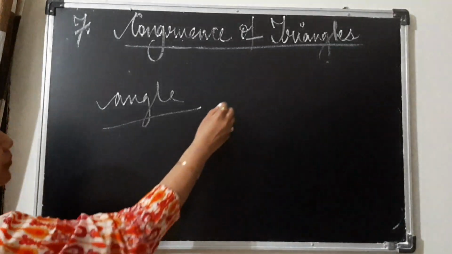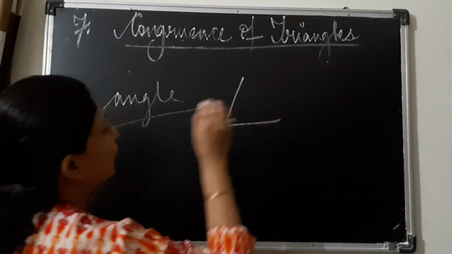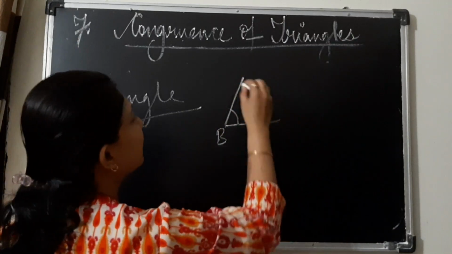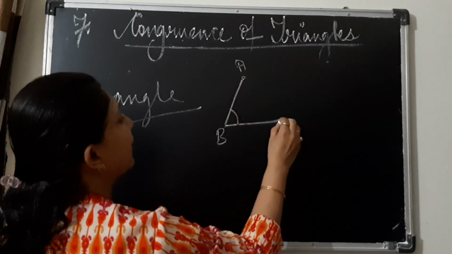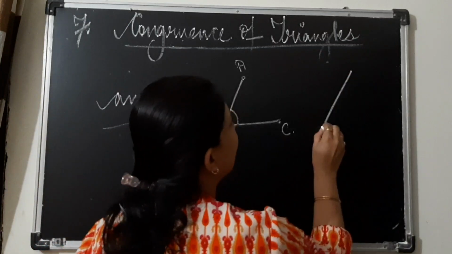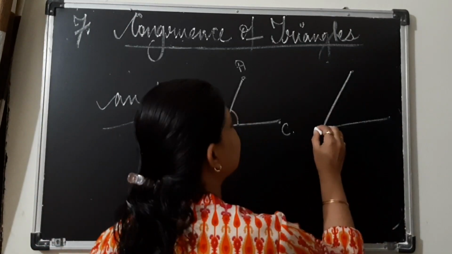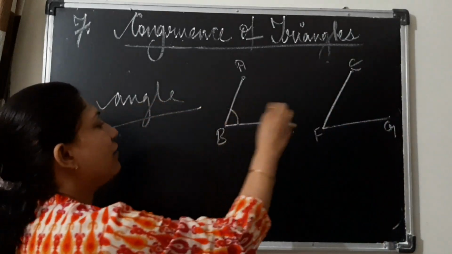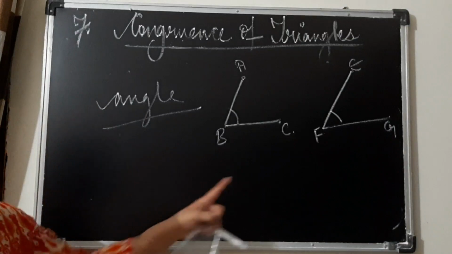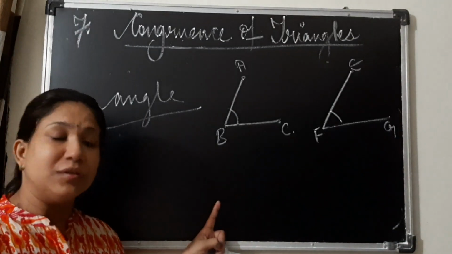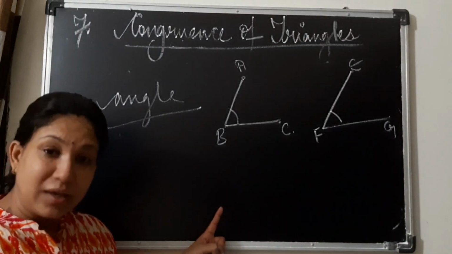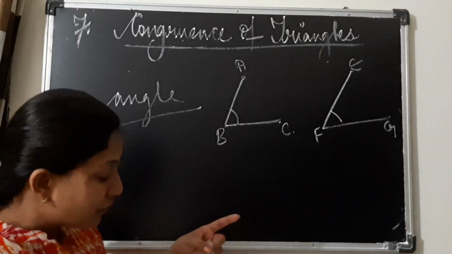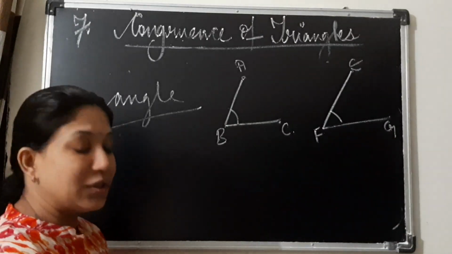Take for example, suppose I have drawn one angle here, label it as angle B, take it as A, B and C. Now here I have another angle, this is F, G, E. So here I have two angles. Now just by looking at this, by observation, it is difficult for us to say whether the two angles are of the same measurement. So what we will do? We will do it by the superposition method.